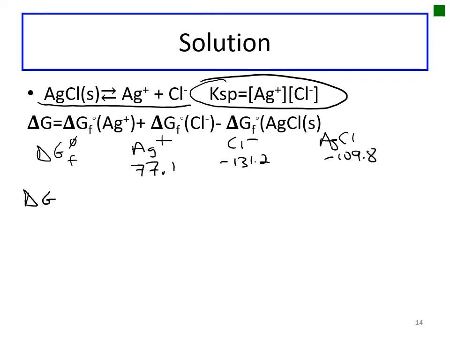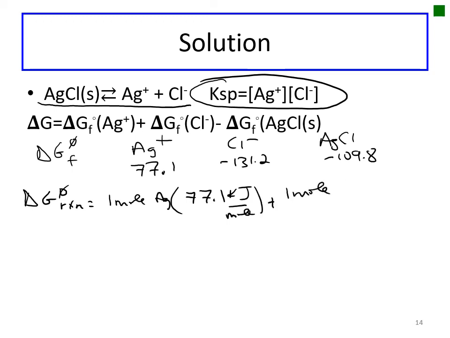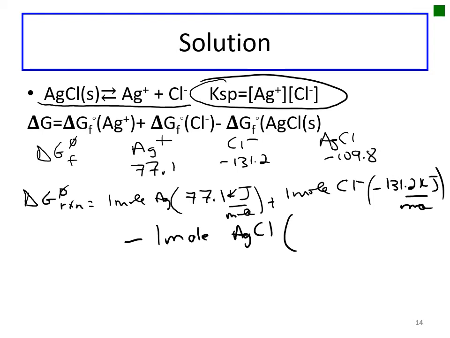So delta G naught of this reaction is going to be 1 mole of silver times 77.1 kilojoules per mole, plus 1 mole of chloride multiplied by minus 131.2 kilojoules per mole, minus 1 mole of silver chloride times minus 109.8 kilojoules per mole.